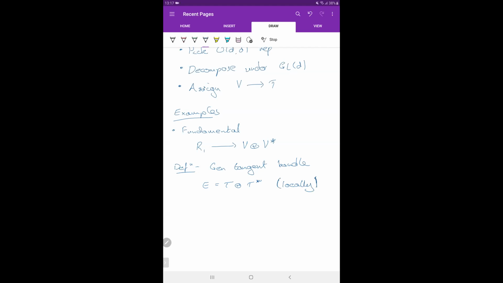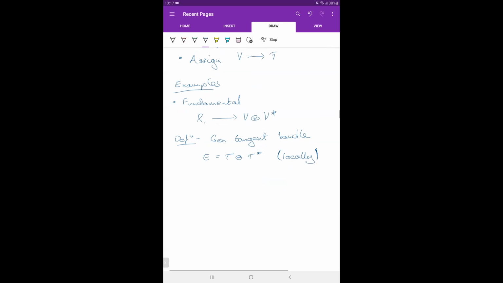So we want a bundle where the fibers transform in the fundamental representation. We decomposed under GL(D) and we found that it had to be of the form T plus T star. And this is only a local prescription. Again, I'm not going to talk about twists or gerbes or anything like this, where we talk about more global aspects of what it looks like, but this is basically the picture.